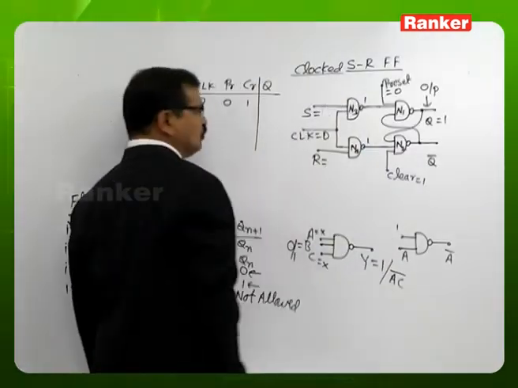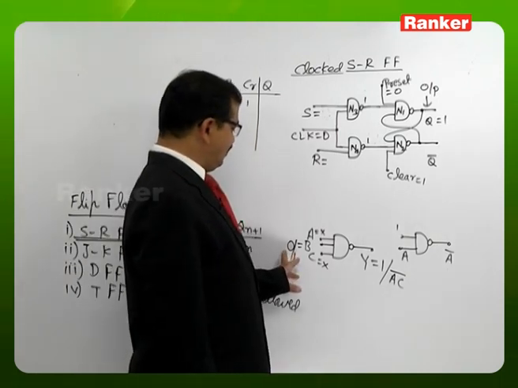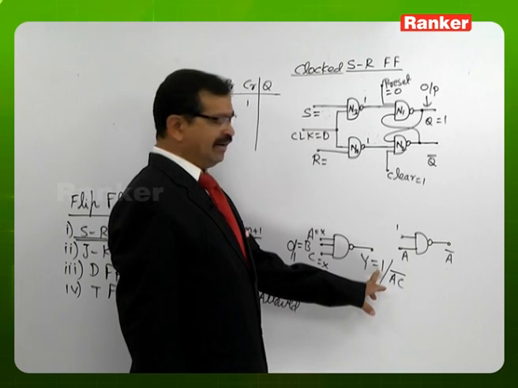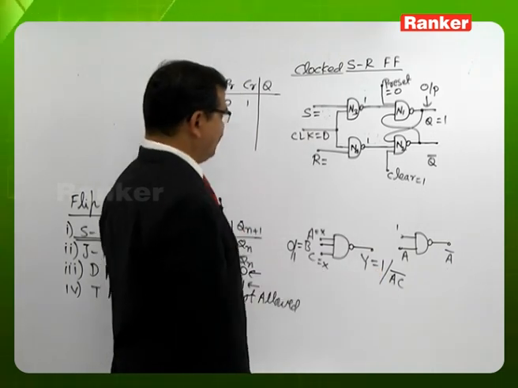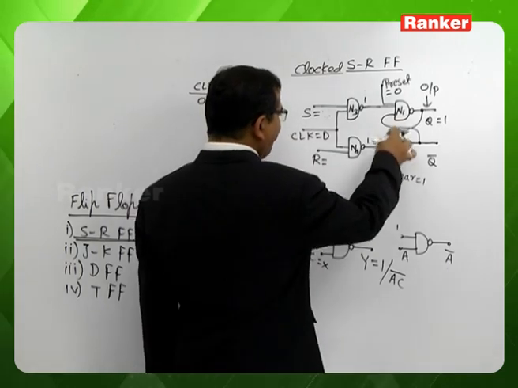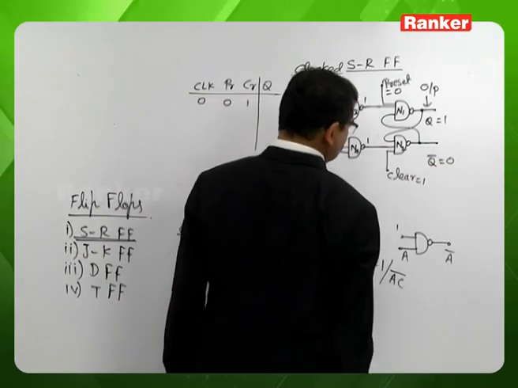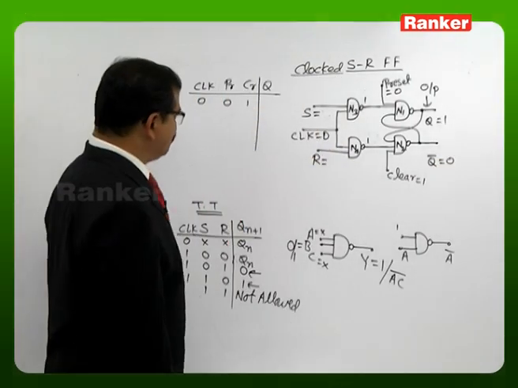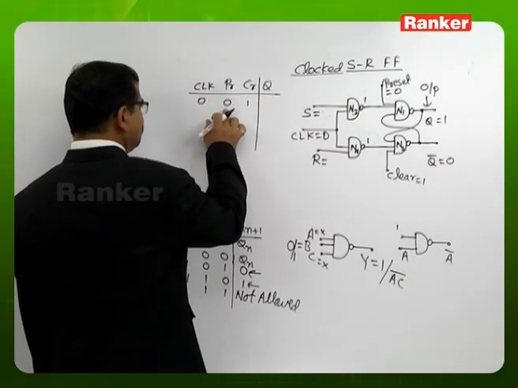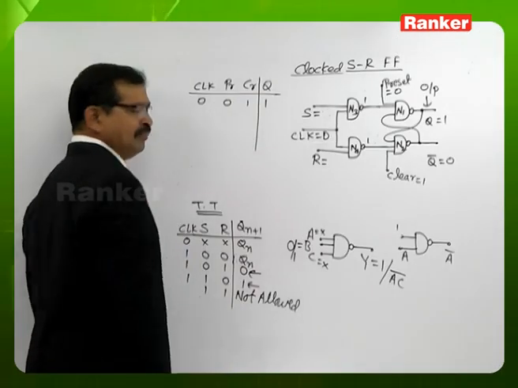Having preset 0, one of the inputs of N1 is 0, so N1's output must be 1. Now for N2, all 3 inputs are 1, so the N2 output becomes 0. Hence, whenever preset is 0 and clear is 1, the flip-flop output is 1.